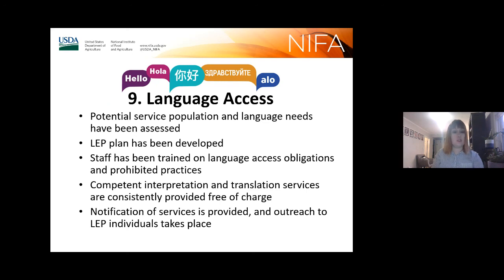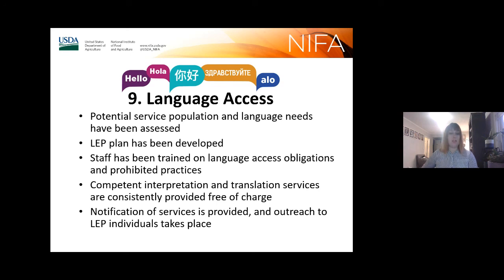We want to see that staff has been trained on LEP individuals, on language access obligations, on prohibited practices. We want to see that competent interpretation and translation services are consistently provided free of charge. So interpretation and translation services should always be provided to LEP individuals who need them. They should always be provided free of charge.